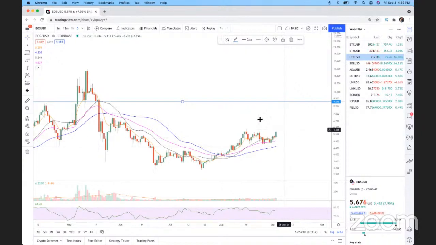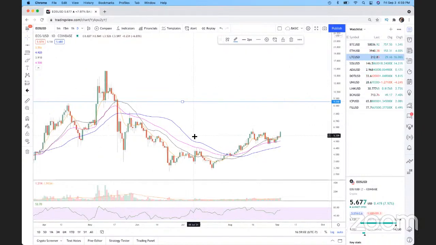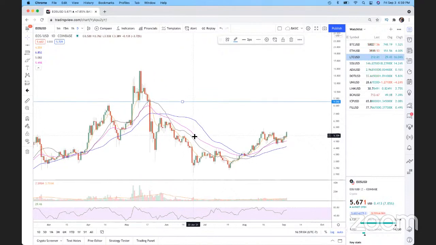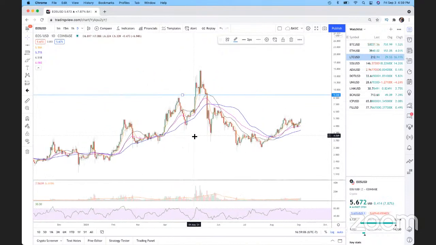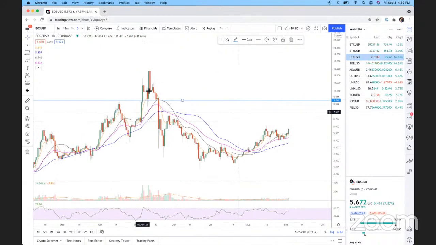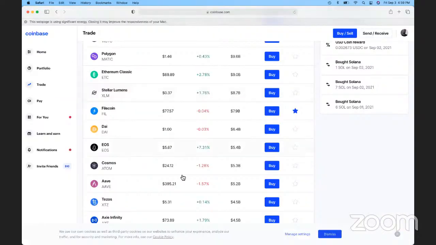That looks to be the right place. Do I like this one? No, I'm gonna pass. Has potential, but again, because of the past behavior, it's a pass for me right now. I might revisit it later on, and I remember it's an easy logo, EOS.